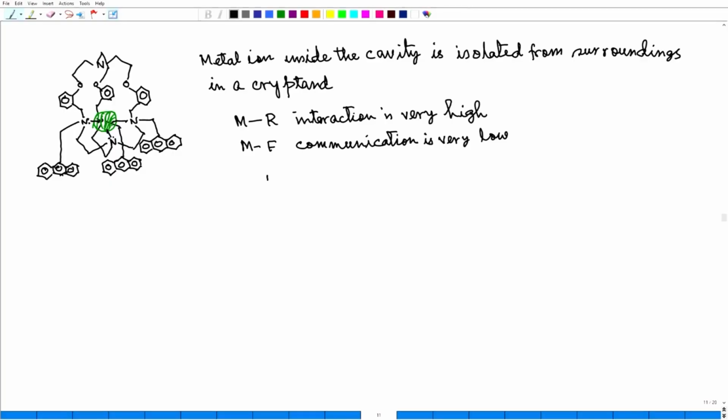So, when I excite this fluorophore, this is what happened, I am writing this. This is the result. If this cavity is empty, then we get a baseline.